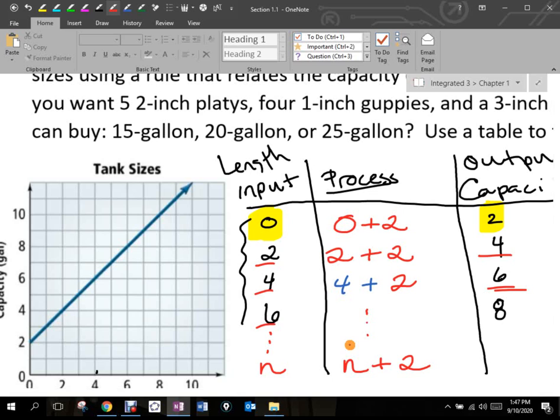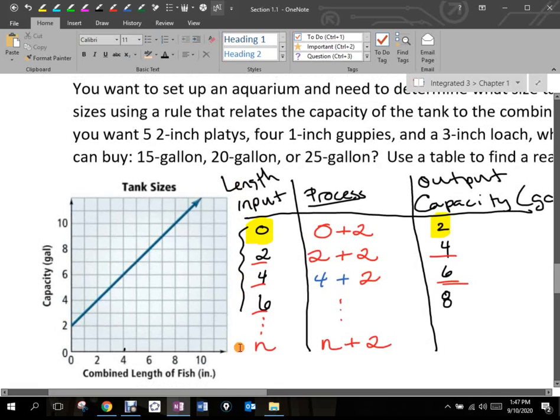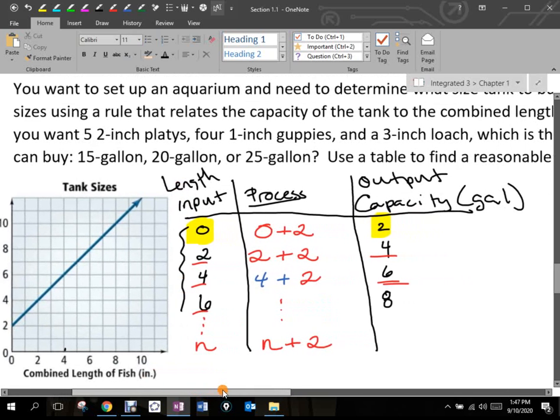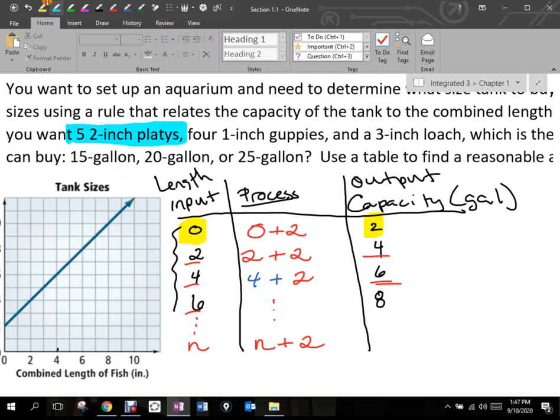So now for our specific case, they say we need to determine which is the best tank for us, 15, 20, or 25. Based on our desire for fish, we need 5 2-inch platies. So that's 10 total inches right there, correct? So keep a running total here.